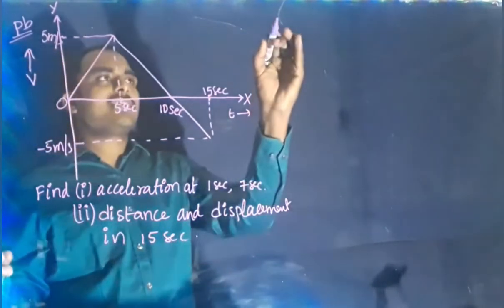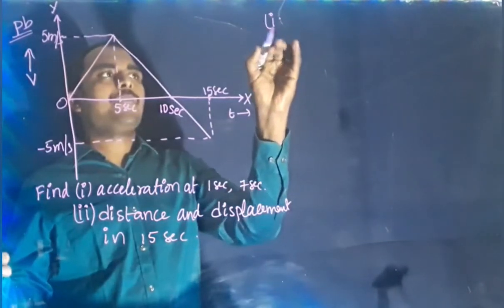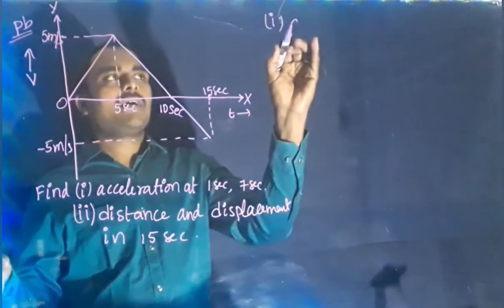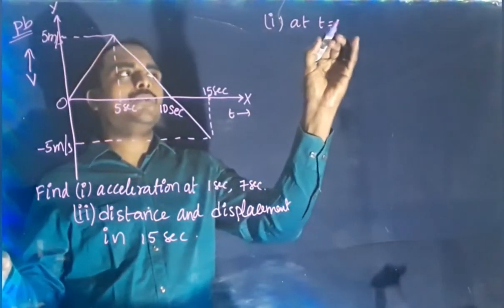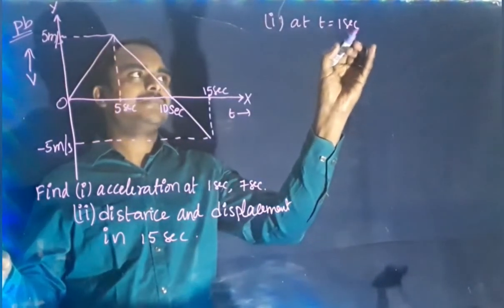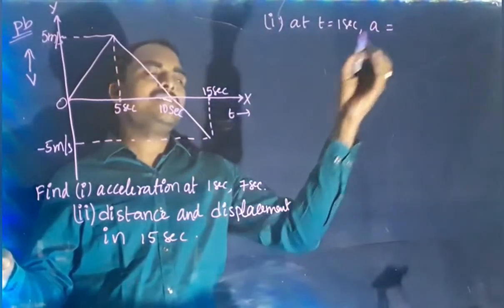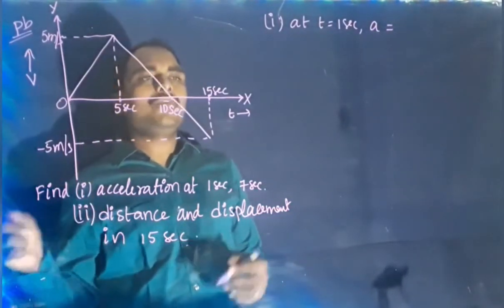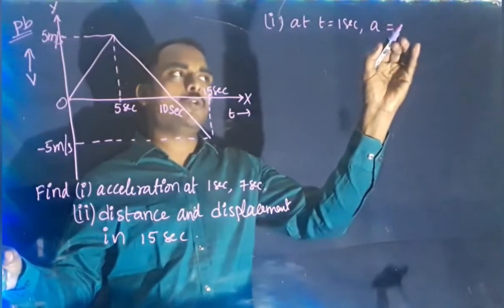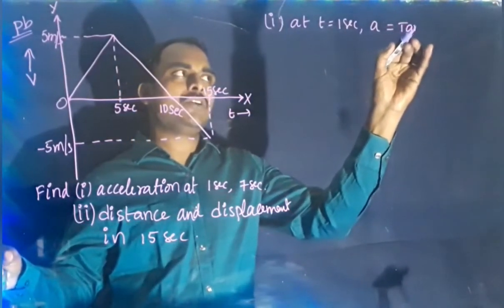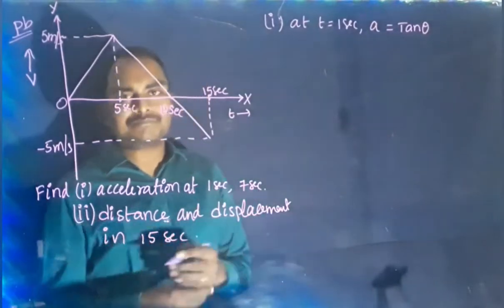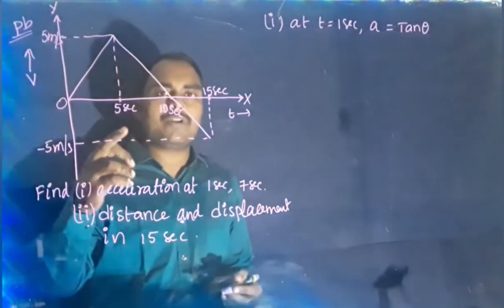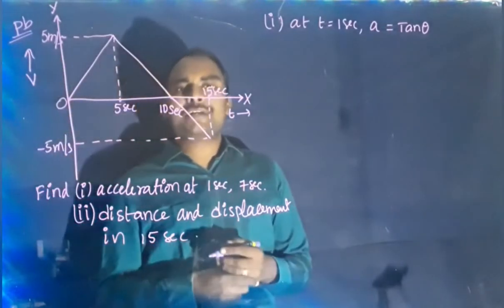How to find acceleration from a velocity time graph at t equal to 1 second? Acceleration is nothing but the slope, and slope is nothing but tan theta. We can find acceleration from the slope of the straight line.